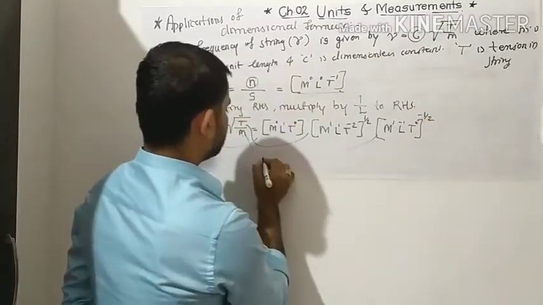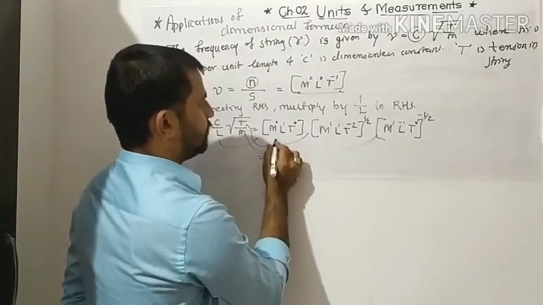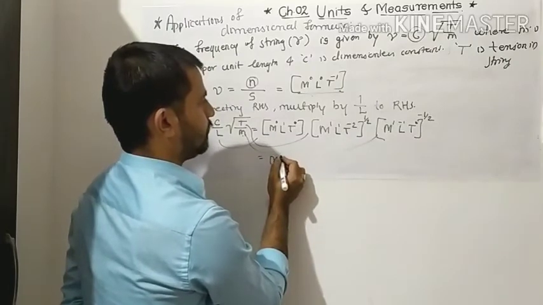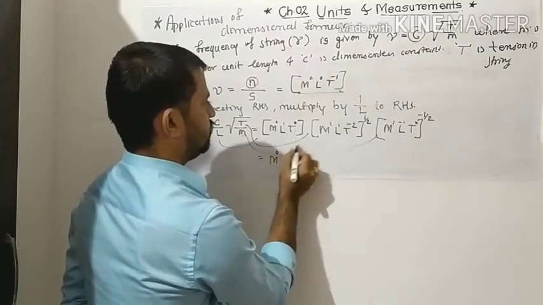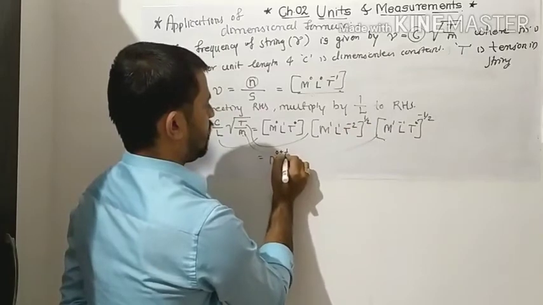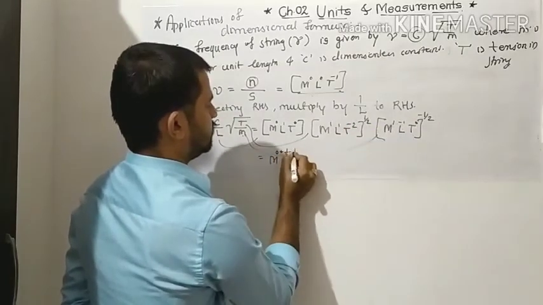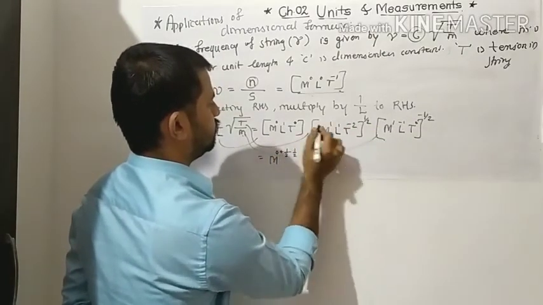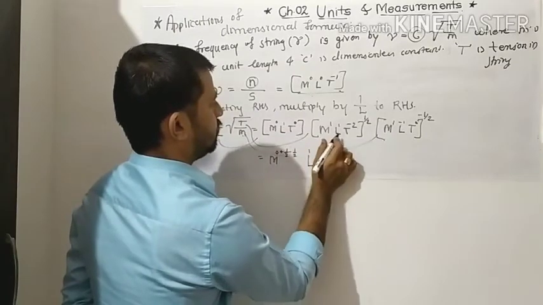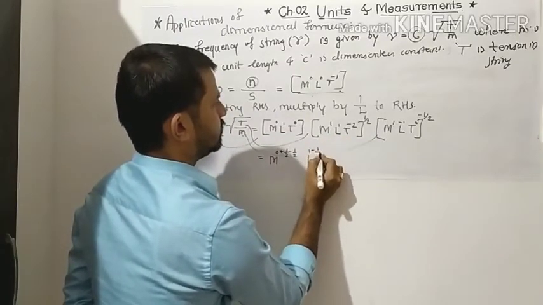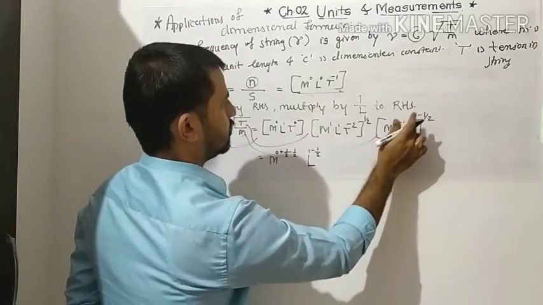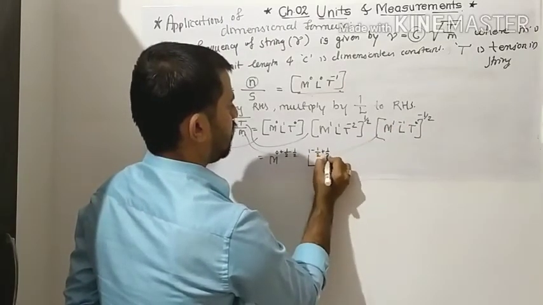So if we equate all the terms, we will get M raised to 0 plus half minus half, plus L raised to 1 plus minus half plus half.